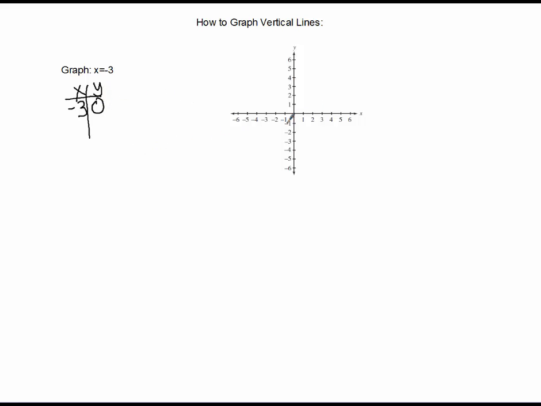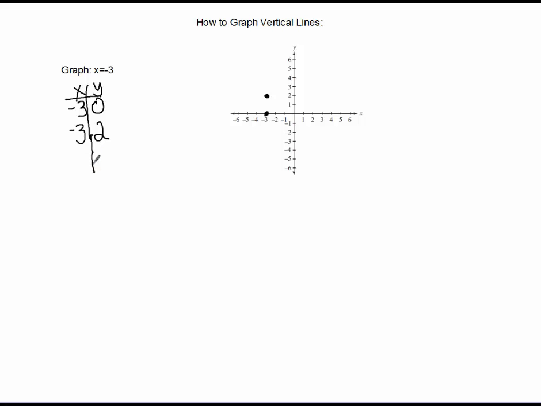And so -3, 0 is a point on my line. And again, my next point also has to have x coordinate -3, so that's a solution of that. Let's say -3, 2. So -3, 2 would be here.